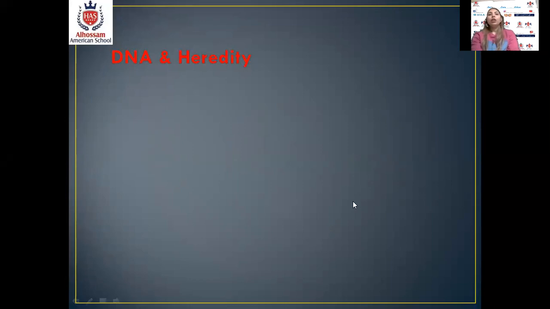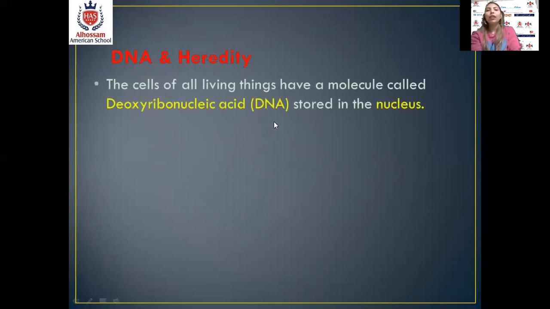Okay, so homeostasis, stimulants are found in living things, reproduction, and number 3, DNA and heredity. What about DNA? As we said, DNA is the abbreviation for deoxyribonucleic acid, and it is stored in the nucleus inside the cell, and all living things must have a molecule which is DNA.